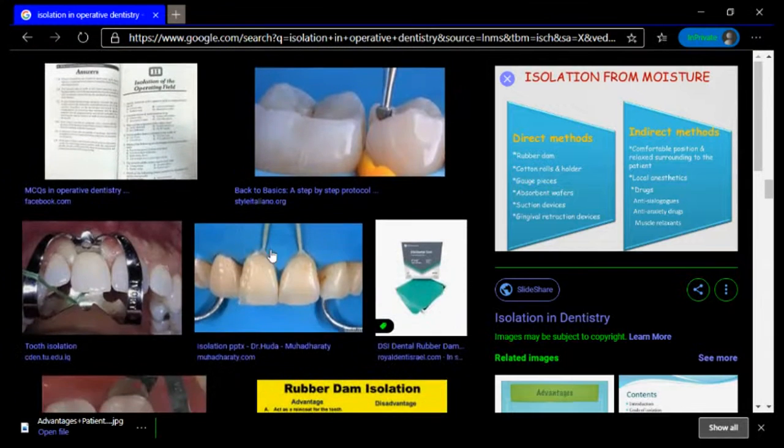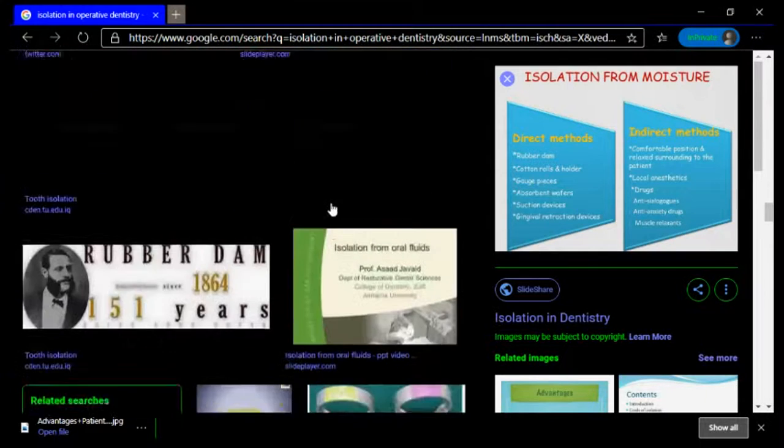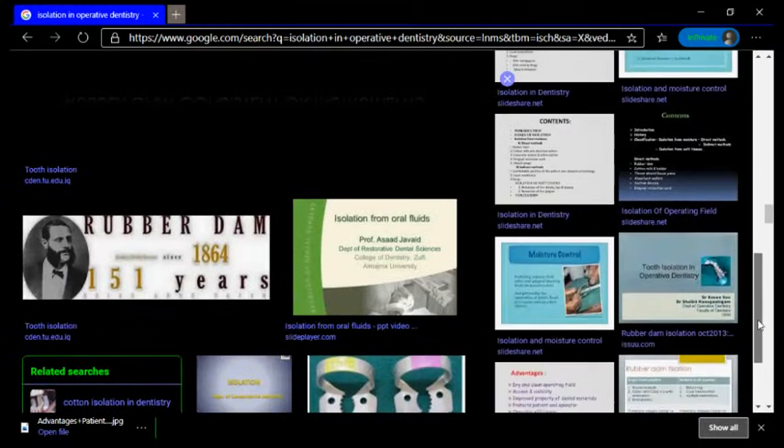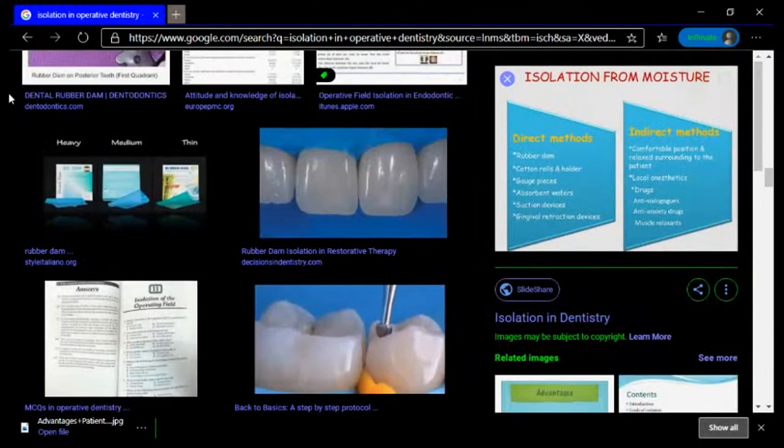And these are all the ways of isolation and the isolation methods used in operative dentistry. And this is all I have to say for today's lecture.